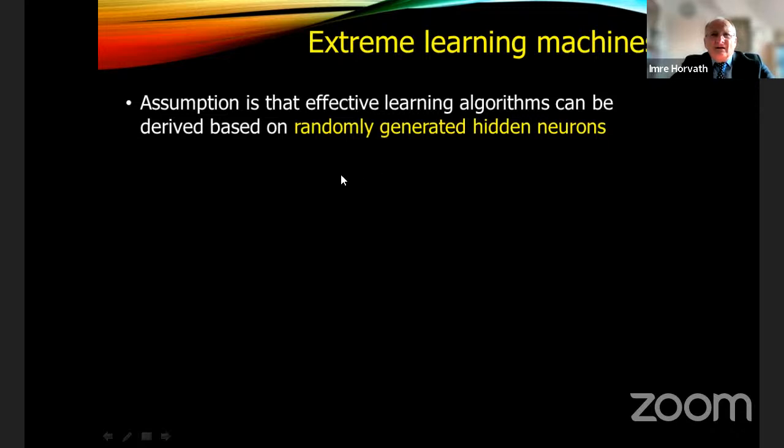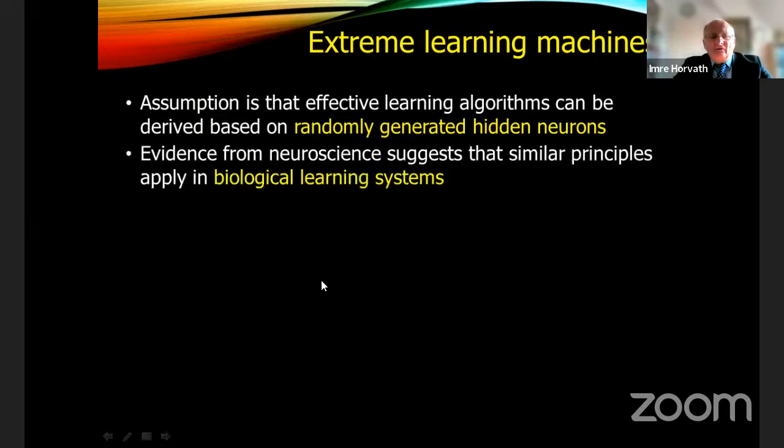So in an extreme learning machine, not all the neurons are defined before the training takes place, but when the network is working, there are opportunities to randomly generate neurons, which will be located on the hidden layers or connected to the hidden layer. Evidence from neuroscience suggests that similar principles are applied in biological learning systems as well.